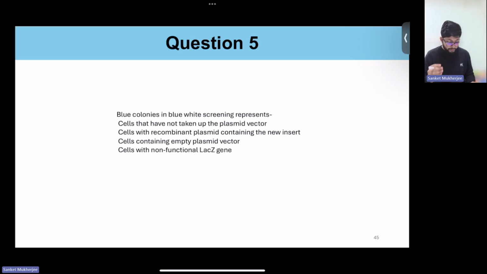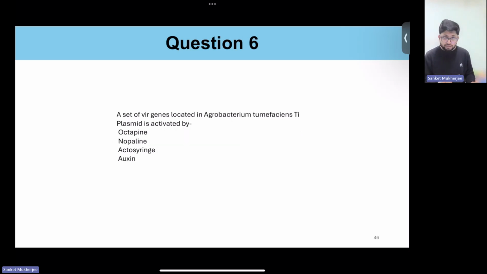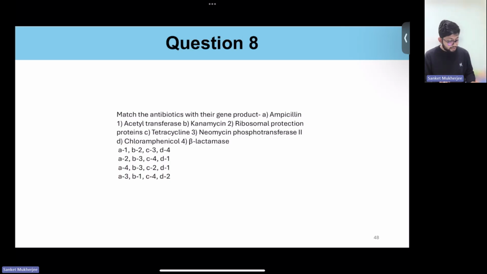Blue colonies in blue-white screening actually tell you empty plasmid vector is present in the cell. Set of virulence genes located in Agrobacterium tumefaciens is activated by acetosyringone. If a culture starts with 50 cells, the number of cells present after 5 generations would be 1600. The antibiotics with their gene products, when they match it, it would be A4. Ampicillin would be beta-lactamase.